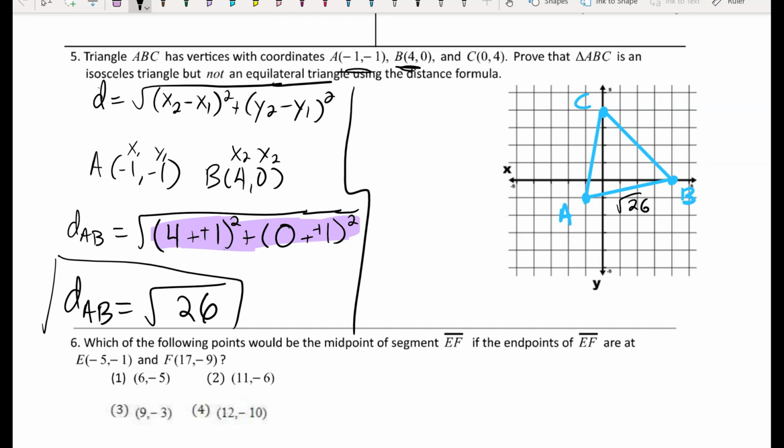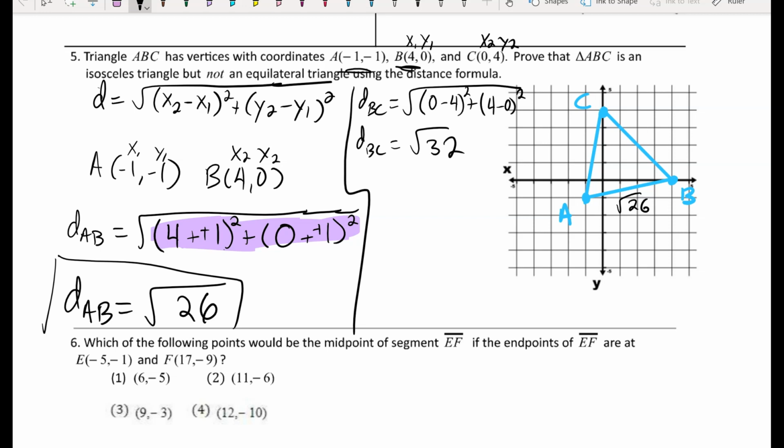So now here I'm going to find the length between B and C by using the same logic, where I label one of my points as x1, y1, and the other point is x2, y2. So x2 minus x1 squared plus y2 minus y1 squared. When I simplify that in my calculator, I get 32 under the radical, and that could break down a little bit.